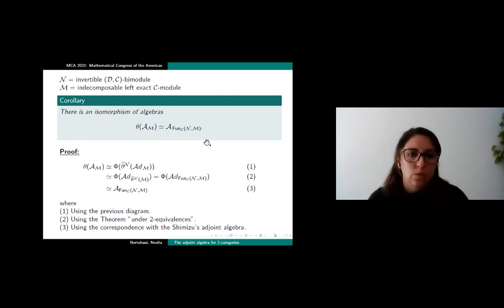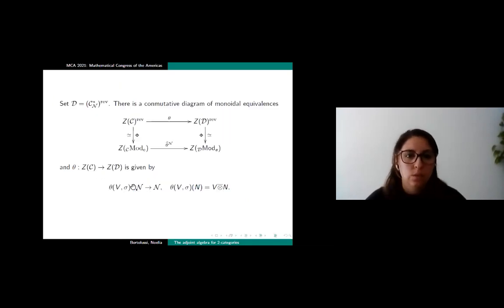And I would like to show you a sketch of the proof, which is the following. You have this theta applied to the adjoint algebra of M. So we go back to the diagram, and this is an object here. So instead of considering theta of A_M, we go here and we compute the adjoint algebra here, and we can send it with this theta hat to this center, and then we can play with the monoidal equivalence phi.